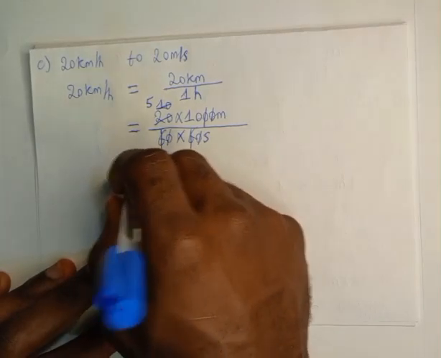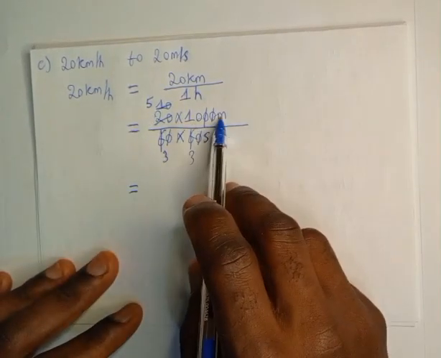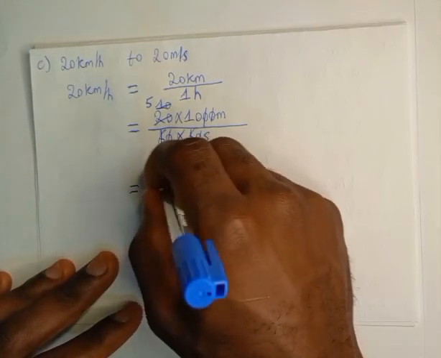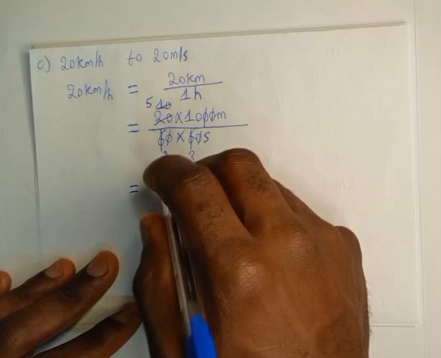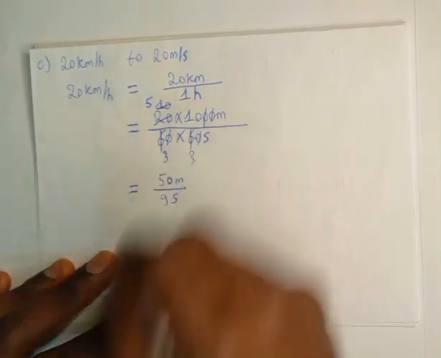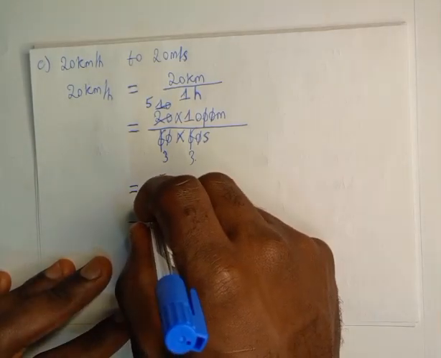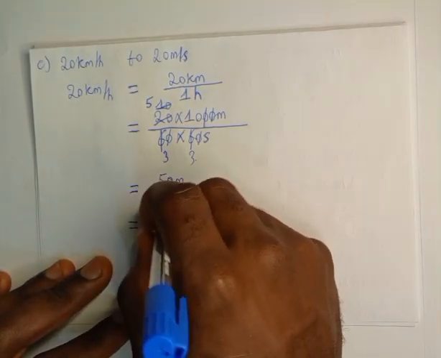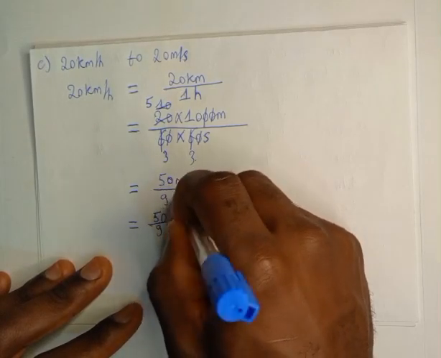This will simply be equal to 5 times 10 meters gives us 50 meters all over 3 times 3 seconds gives us 9 seconds. This is simply equal to 50 all over 9 meters per second.